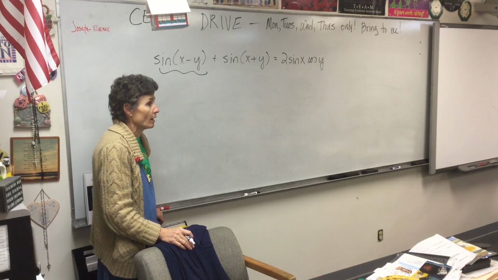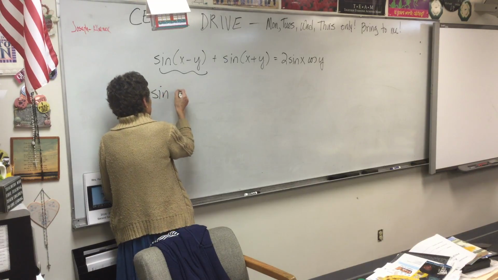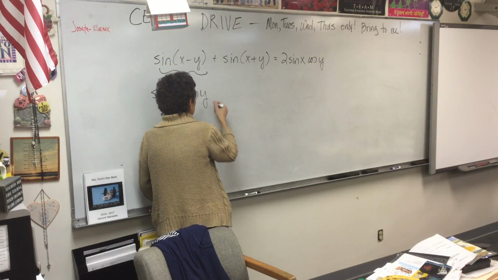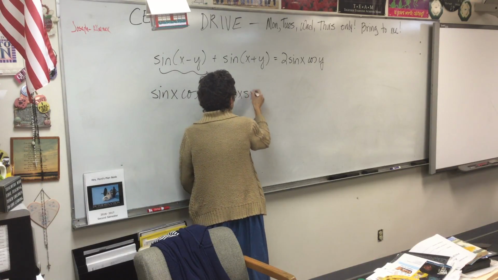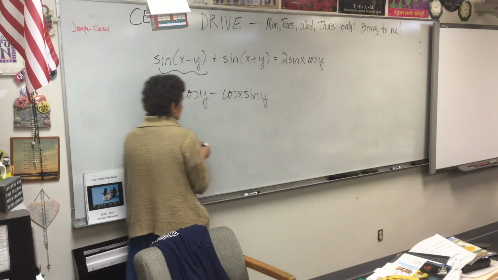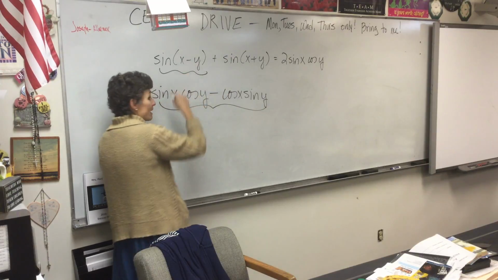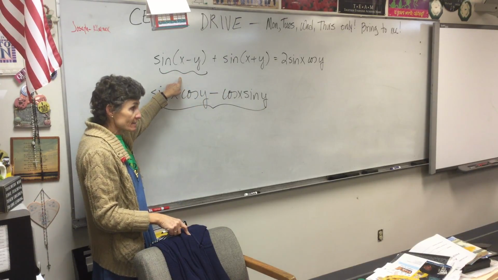It's the sine one. What does it tell me? Sine of the first, cosine of the second, minus cosine of the first, sine of the second. That's what that equals. That's the identity.